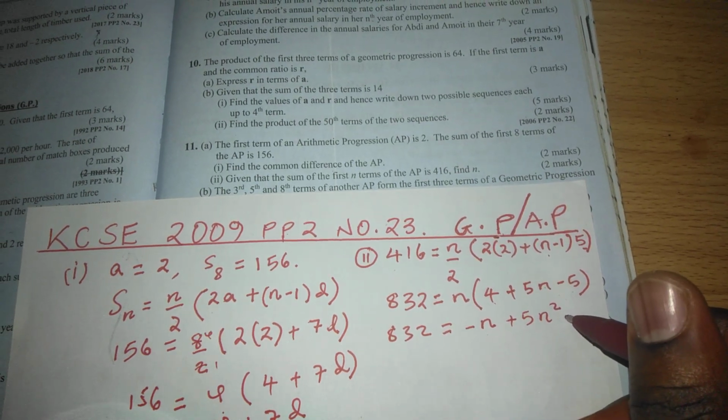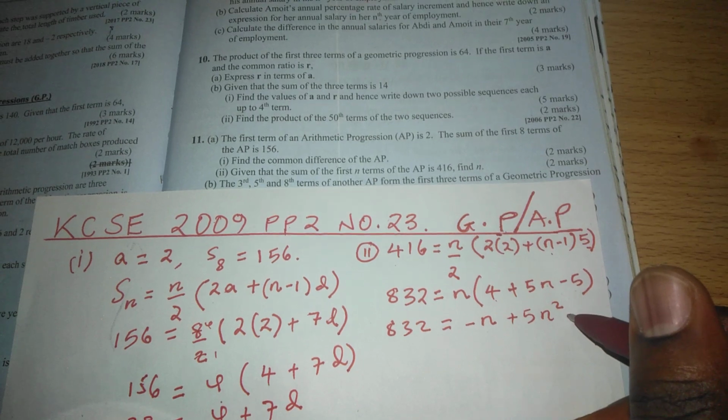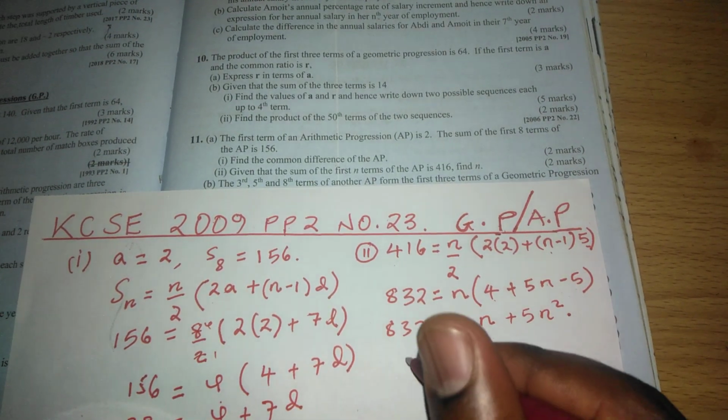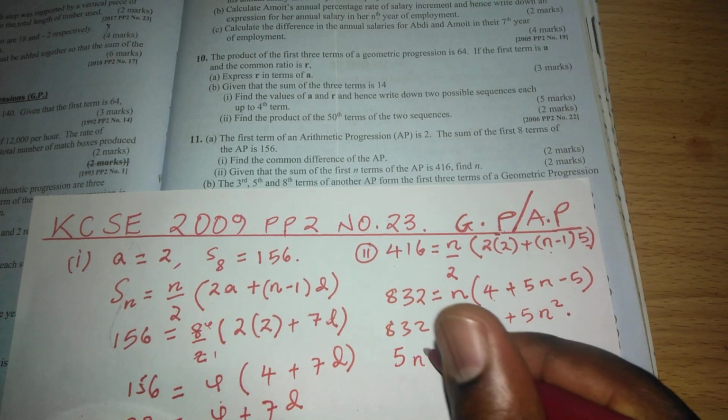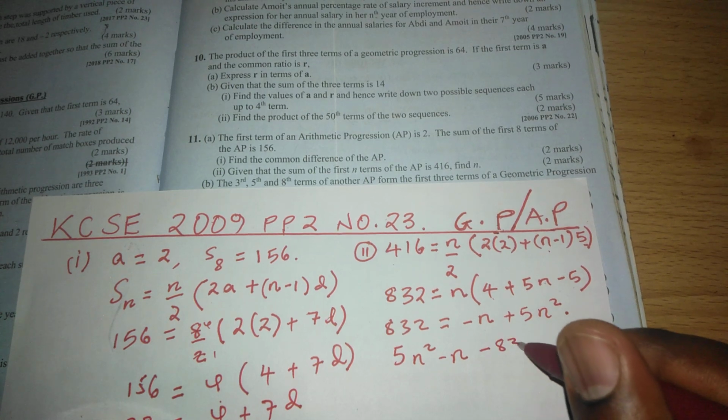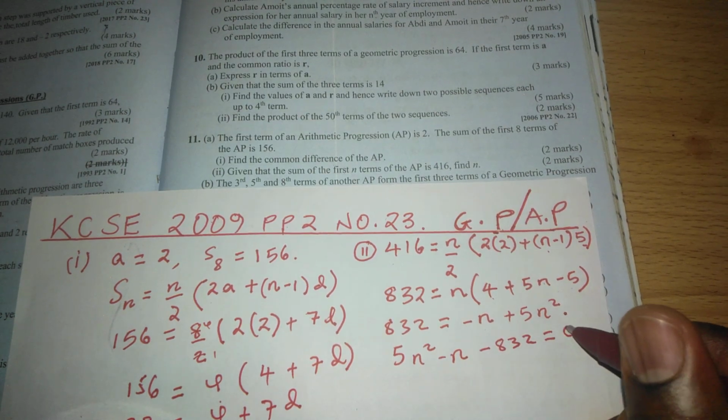And now we can rearrange this so that we may obtain what we call a quadratic equation, such that we can start with 5n squared minus n minus 832 equals 0.